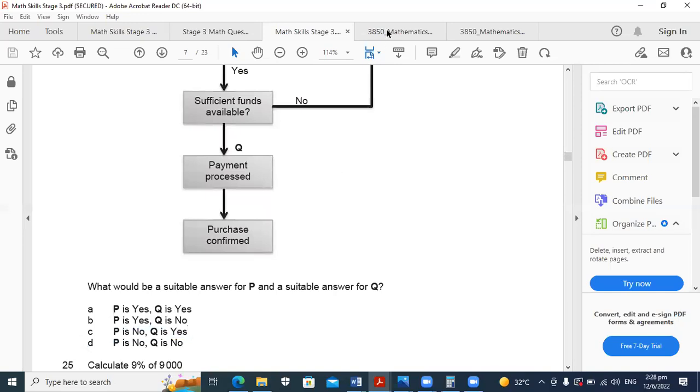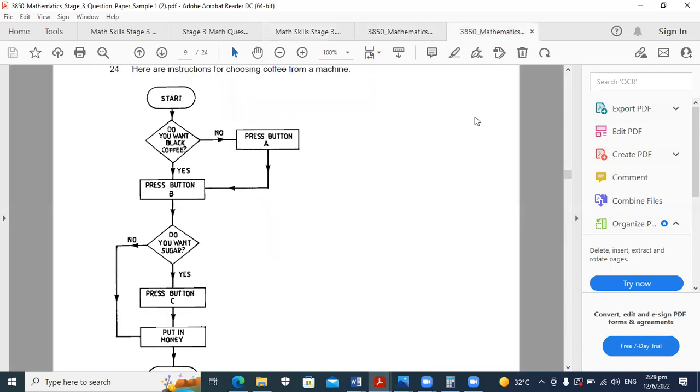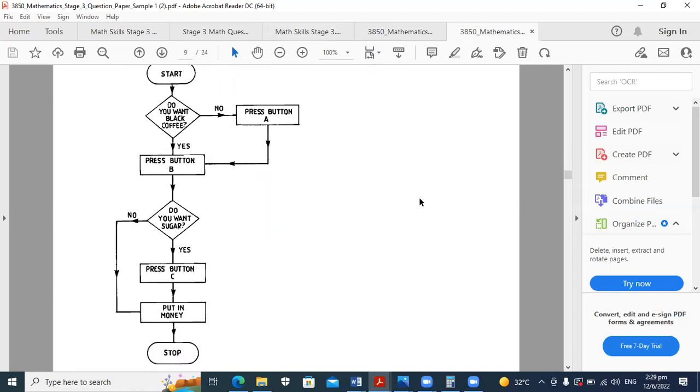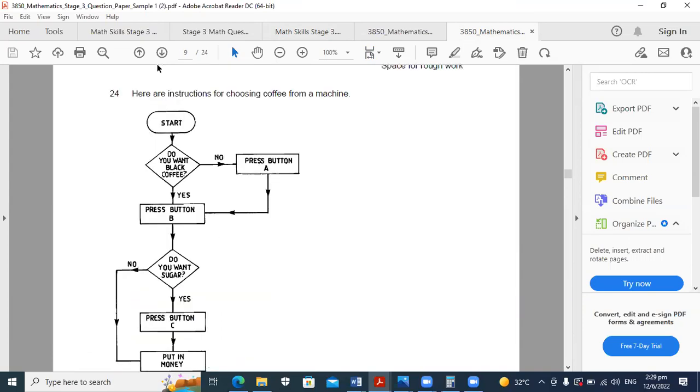All right, let's jump over to this one. This one is talking about which buttons must be pressed for white coffee with no sugar. Let's zoom in on this one.